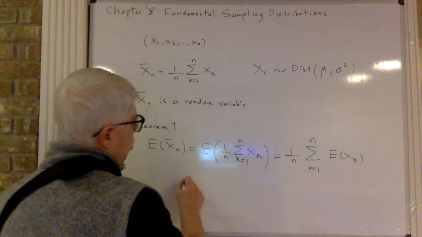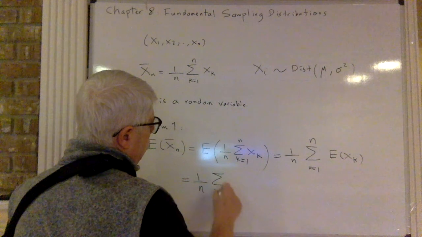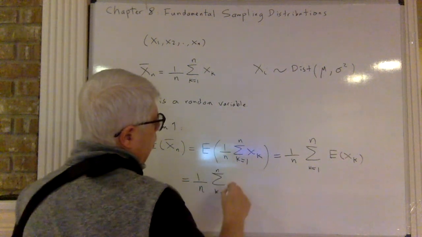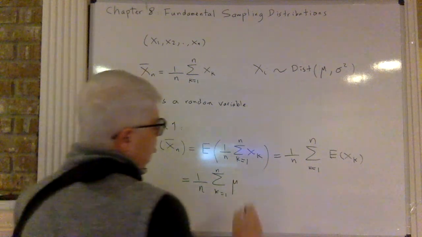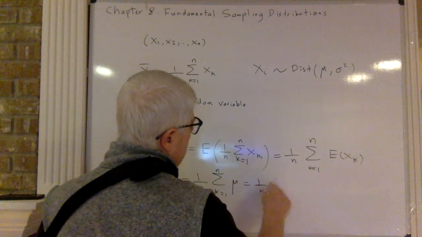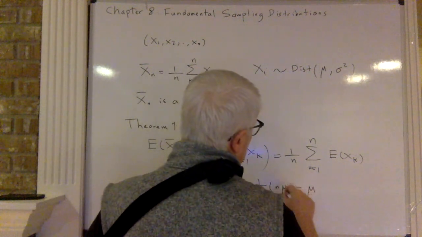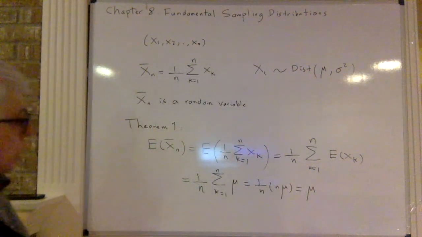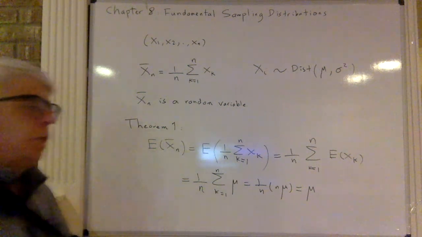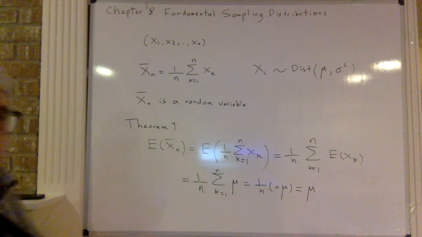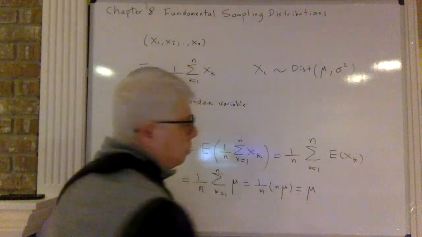So this is 1 over n sigma k from 1 to n of mu. Now this means add mu n times. So I have 1 over n times n mu, so that's also mu. So amazingly, the expected value or the mean of this X bar is mu. It's the same as the mean of this distribution.